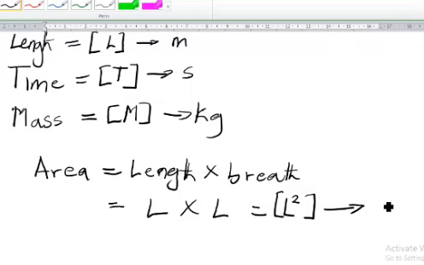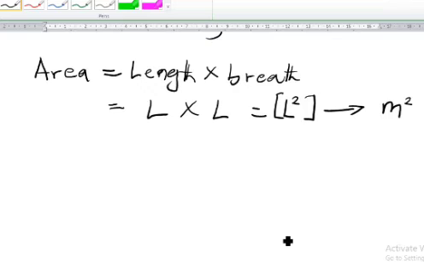And the SI unit is meter squared. Let's go to another one.